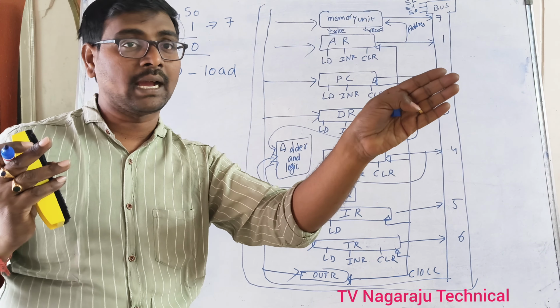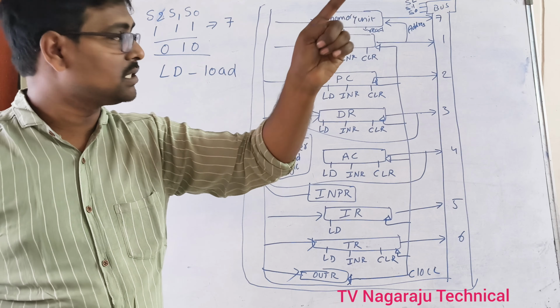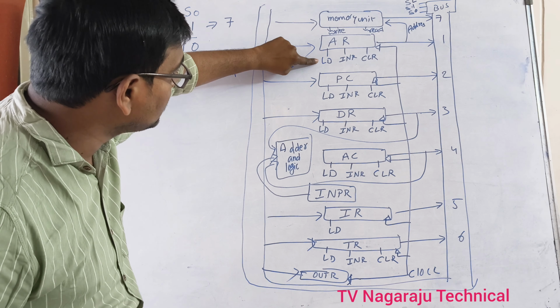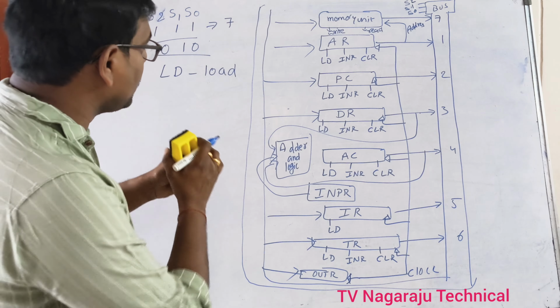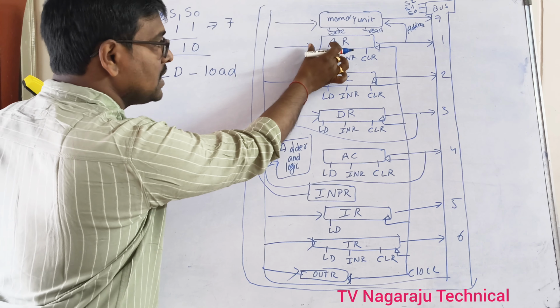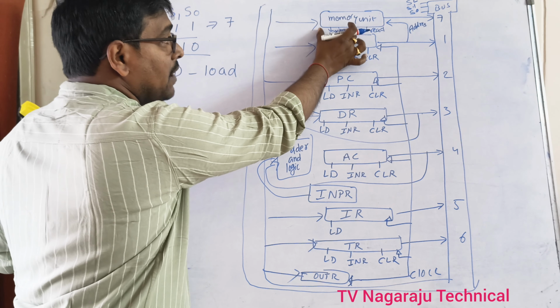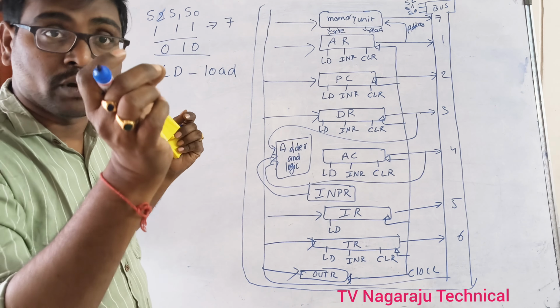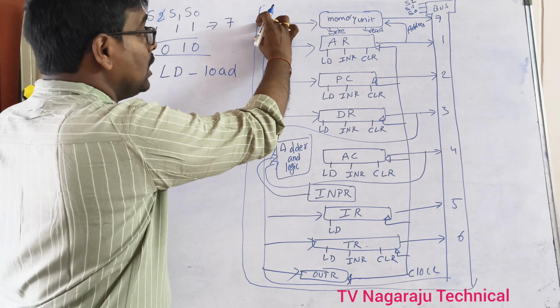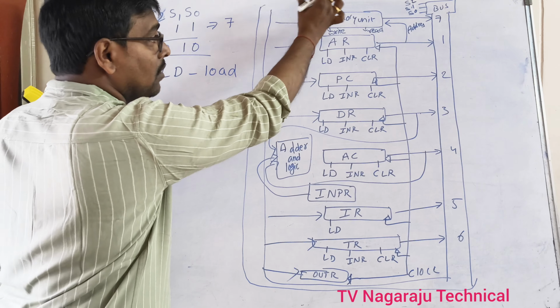Here whenever the load is active, in the next clock edge the information from the bus is placed into AR. Similarly, whenever the write input is active, it places the content of the bus into the memory unit.